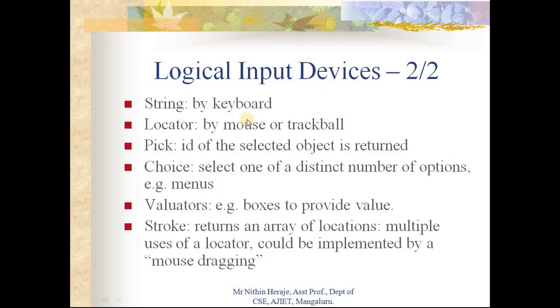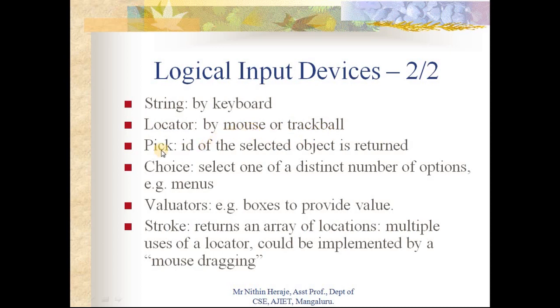The first one is the string, which is given by the keyboard. The next one is the locator, which is given by the mouse or the trackball. It gives the location.